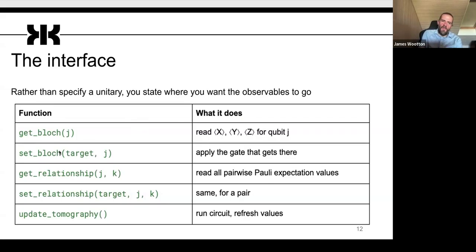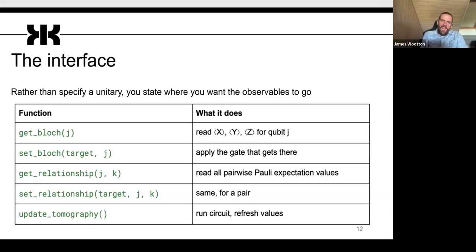And then what set block is doing is you give a target and you say something like, I want the X expectation value to be +1. So then what set block does under the hood is it says, okay, what is the X, Y, and Z of this particular qubit? So it's this point on the Bloch sphere. I've been told to put it here, and then it figures out the gate to do it.